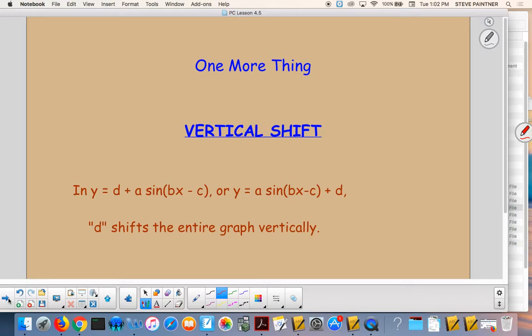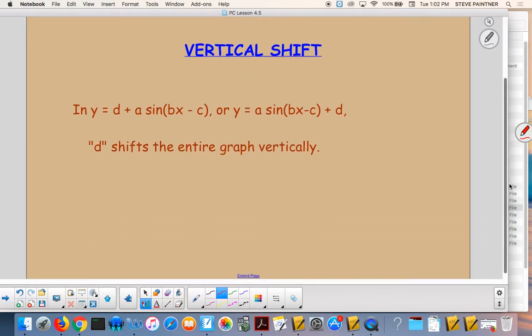Okay. Vertical shifts. Do these graphs go up and down? Yes, they do. Look at this. This vertical shift is right here. You should know this one. What does A do? Vertical stretch or compression. This is a horizontal stretch or compression.